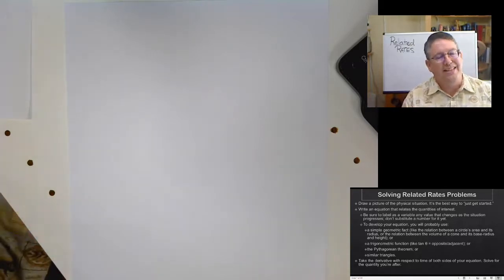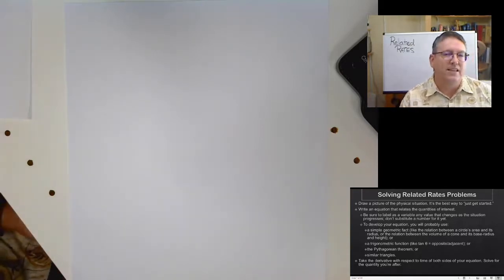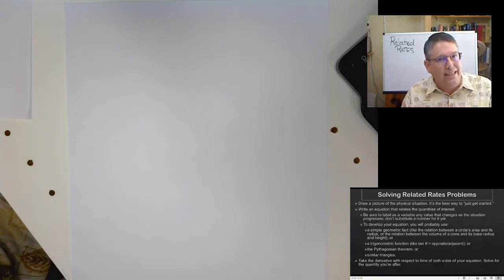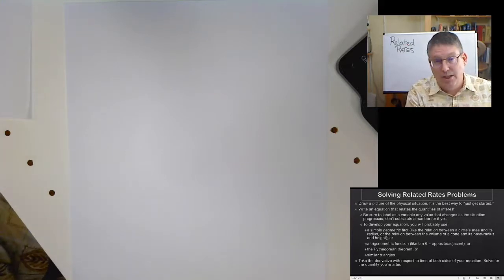So related rates is part of calculus, but it's almost more algebra because basically you're going to be given one rate and you have to algebraically relate it to the rate of change of the other thing.